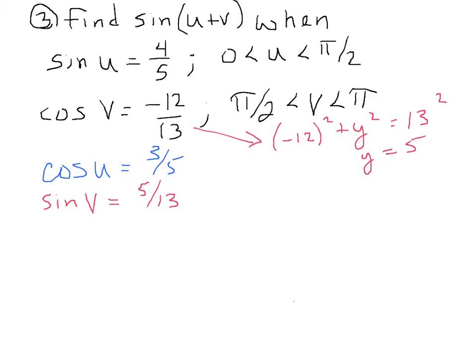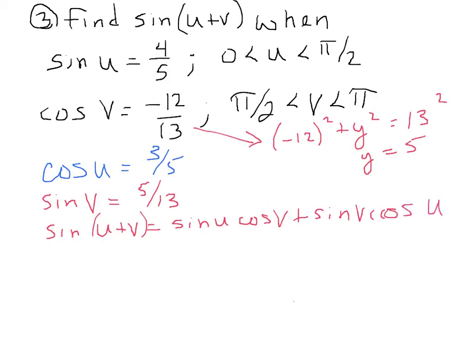So if I want the sine of u plus v, then that means I'm looking at the sine of u cosine of v plus sine of v cosine of u. So, sine of u, that's 4/5. Cosine of v, negative 12/13.